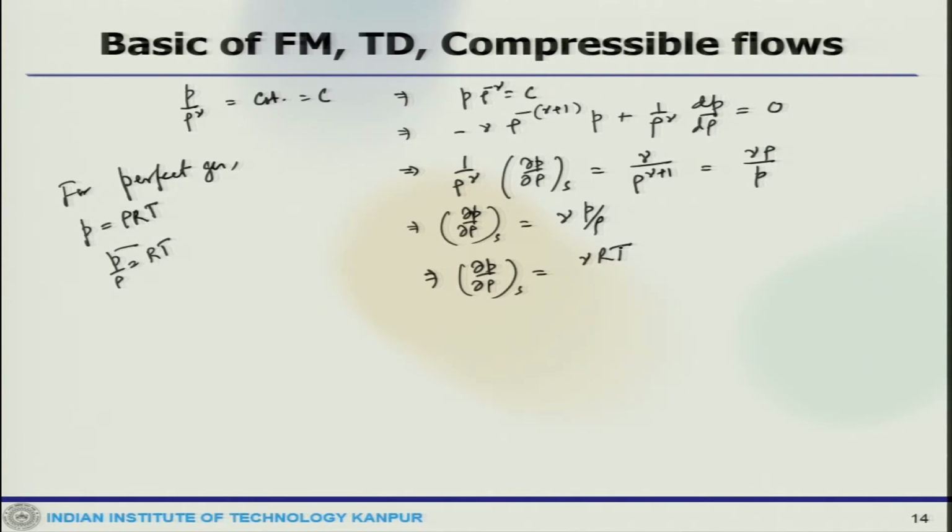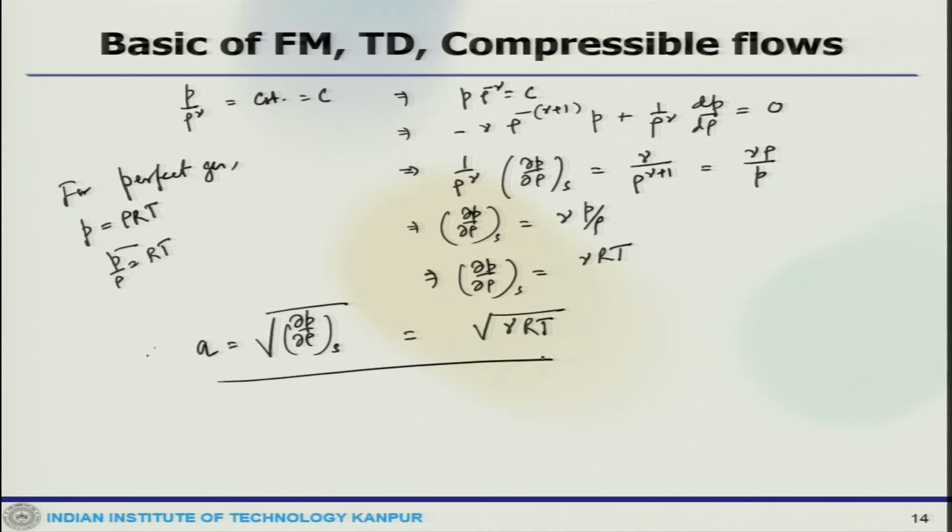So, what was the speed of sound? This is root over del P by del rho at constant S, which is root over gamma R T. Now, this is how you can estimate the local speed of sound.